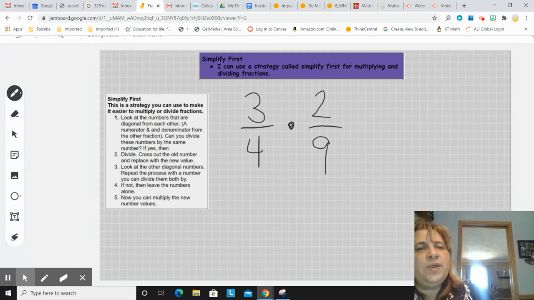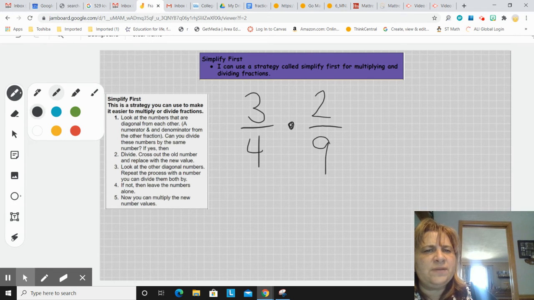Okay, so read step number 1 for me here. It says, look at the numbers that are diagonal from each other. So we're going to take a numerator and a denominator from the other fraction. And I'm going to ask, can I divide these numbers by the same number? Let's take a look before we go on. I'm going to take a numerator on this side.